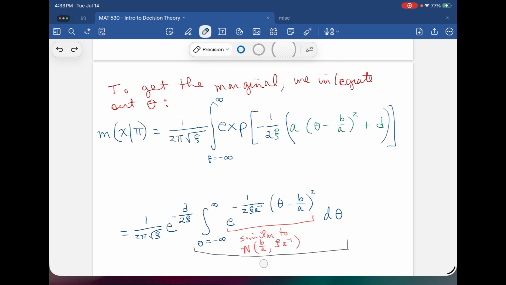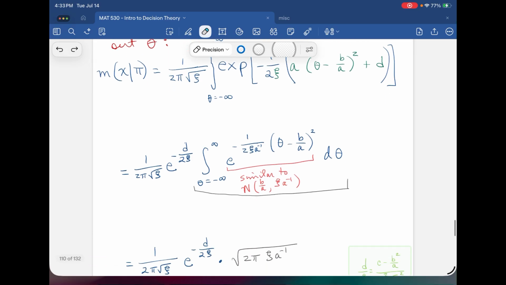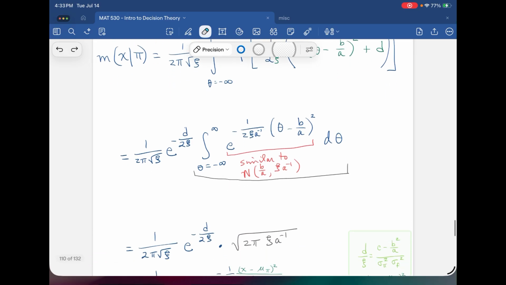The mean would be b over a, and the variance would be squiggly times a to the negative 1. So then that tells us what this integral is. It's what we have written right there. And you can tell that just by your knowledge of what the normal PDF looks like.